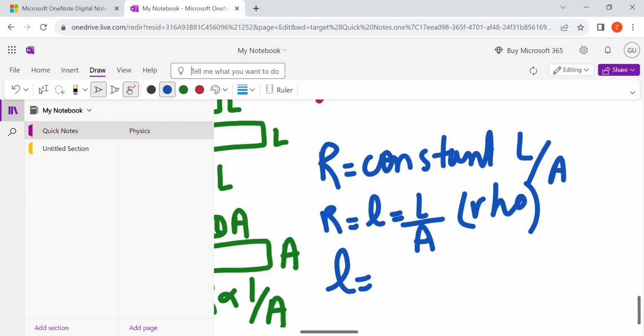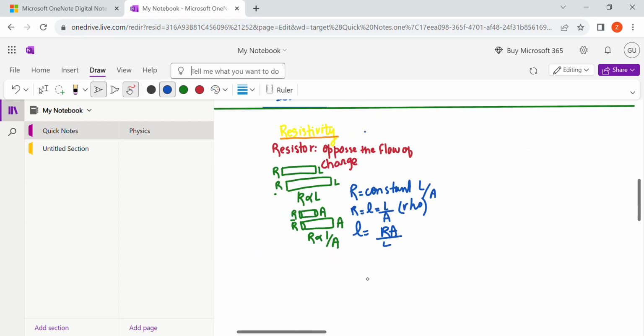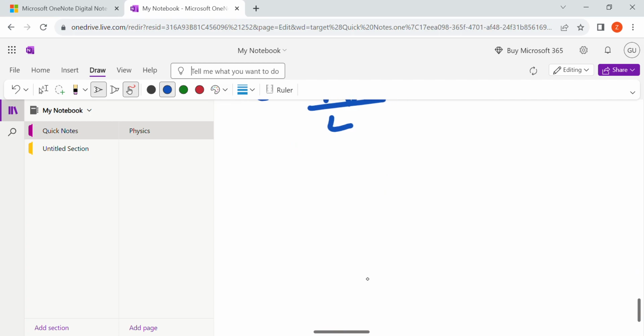I was just confirming it. So rho is equal to RA upon L. We have just shifted the terms. Alright, so this rho is the constant known as resistivity or specific resistance, that depends upon area, length and material of a conductor.